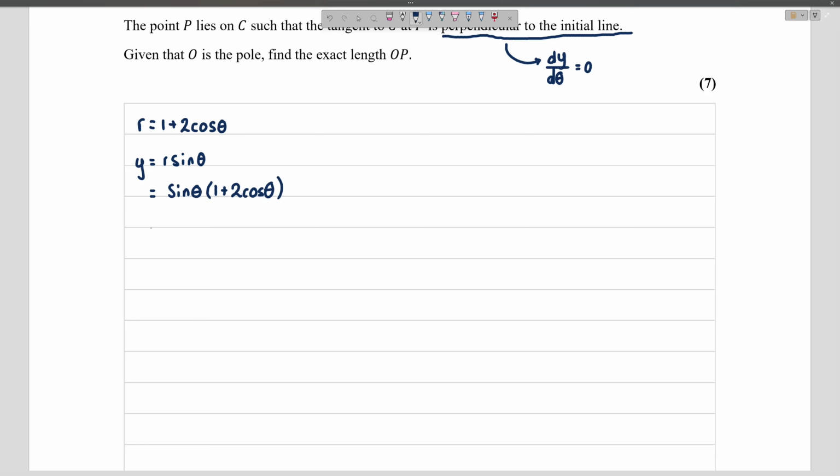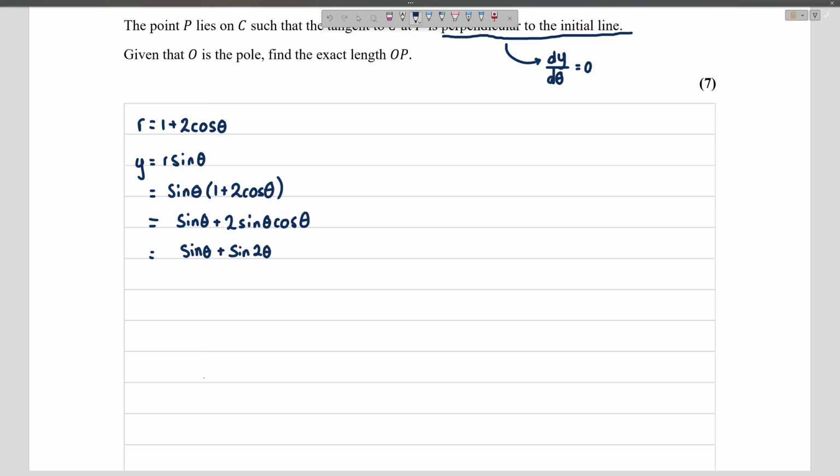If we expand this out, we get sine theta, and then sine theta times 2 cos theta gives us 2 sine theta cos theta. Now 2 sine theta cos theta, we can rewrite as sine of 2 theta.